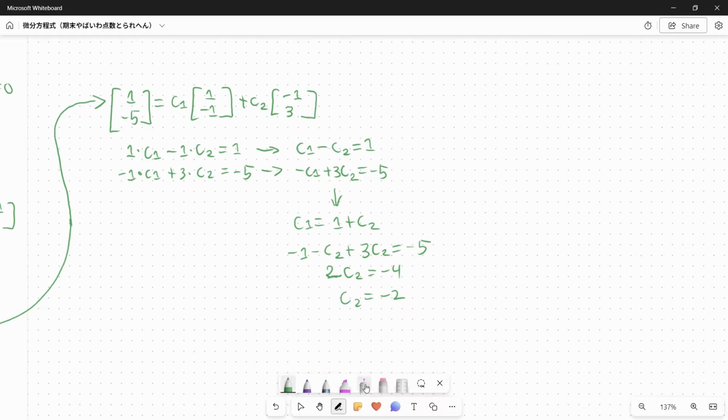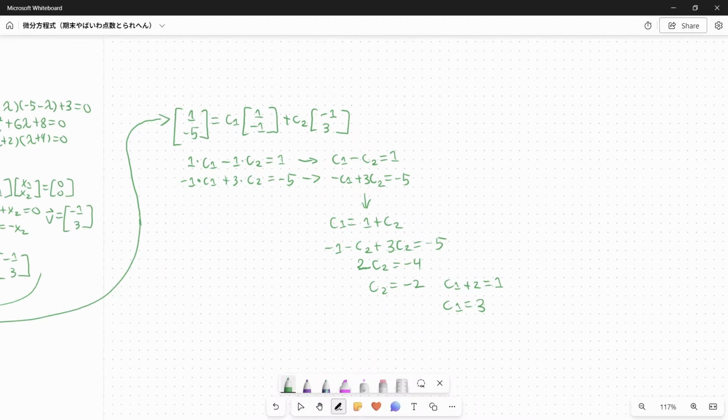Then we can plug that back into this expression and solve for c sub 1. So c sub 1 plus 2 is equal to 1, so c sub 1 is just going to be equal to 3. Now that we have our two constants, we can plug that back into our differential equation.